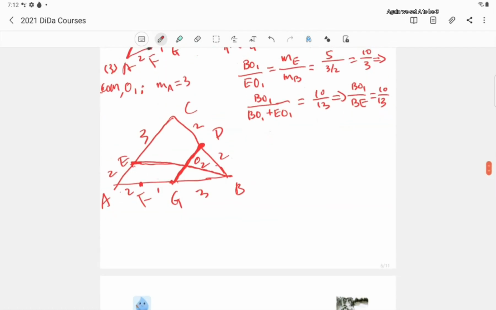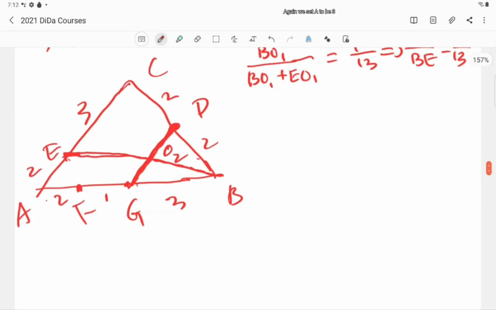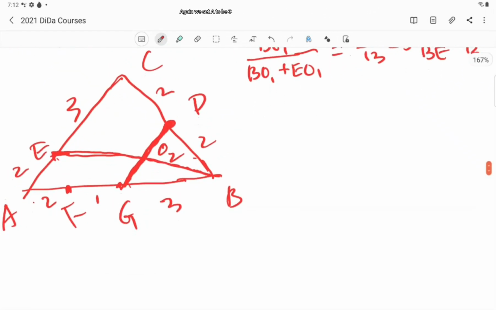So let's always start with A, right? Why not? Right, good, thank you. So I'll make it 3. Then immediately I know the mass for C is 2, right?